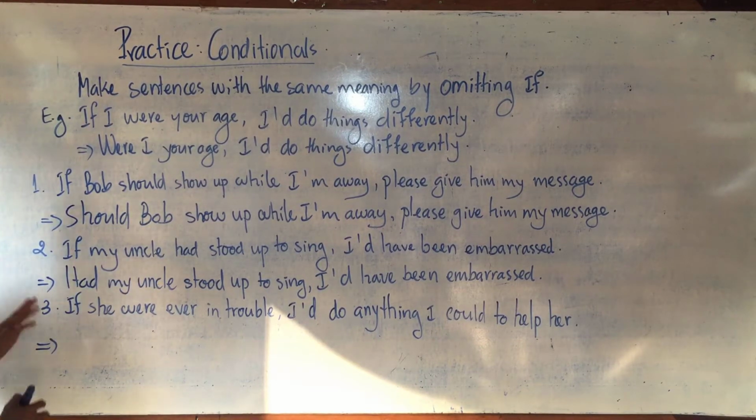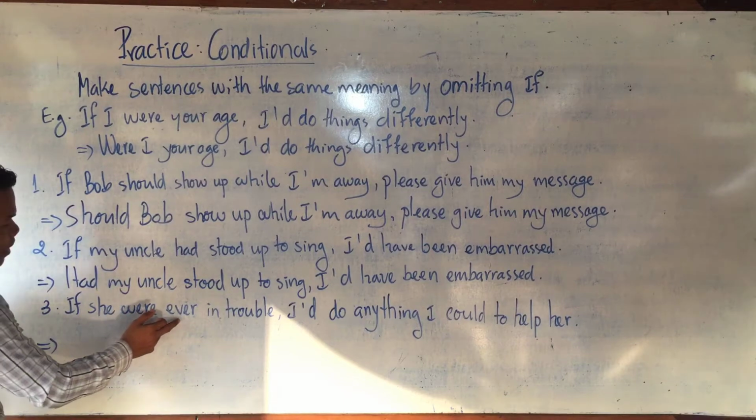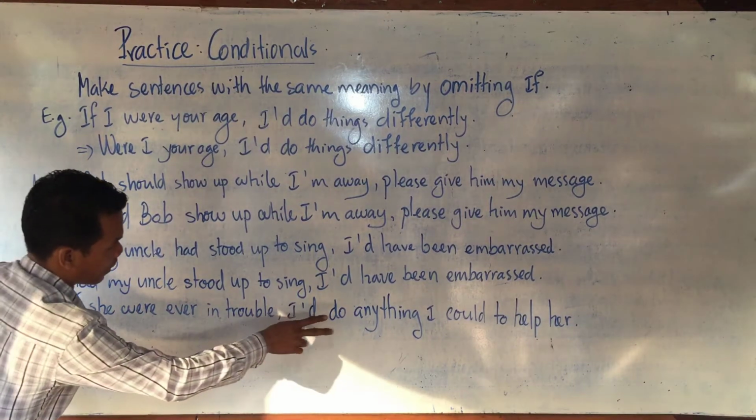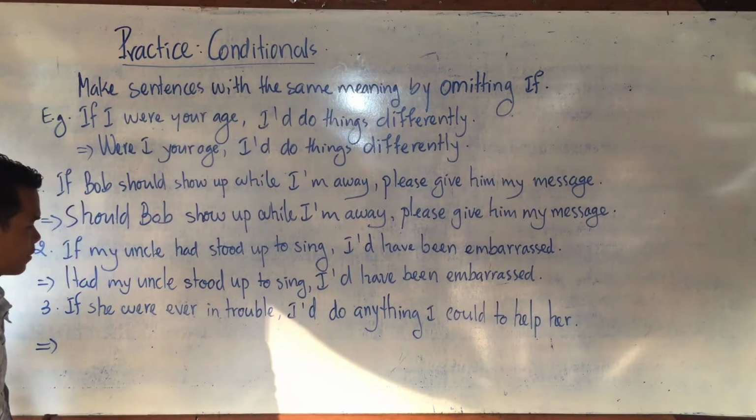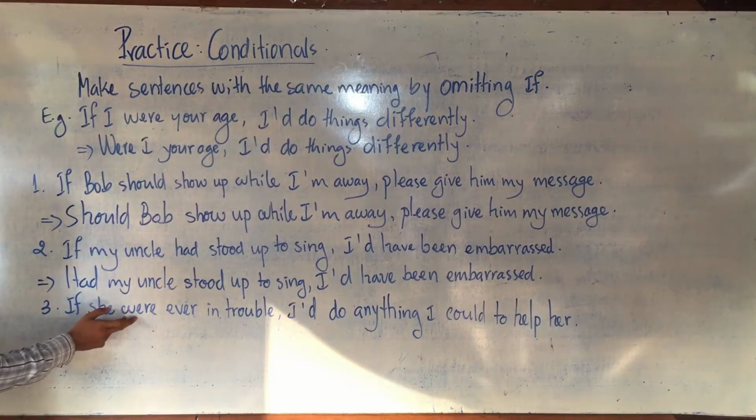This one. Number 3. If she were ever in trouble, I'd do anything I could to help her. Well, what is it? It is the second conditional here. So she were, not she was.